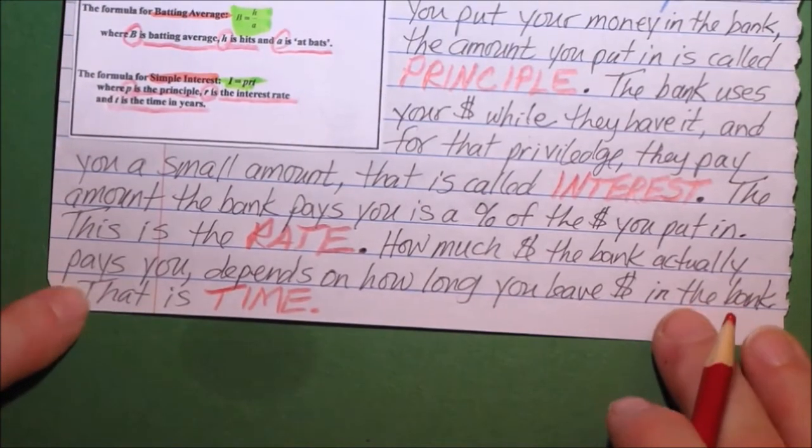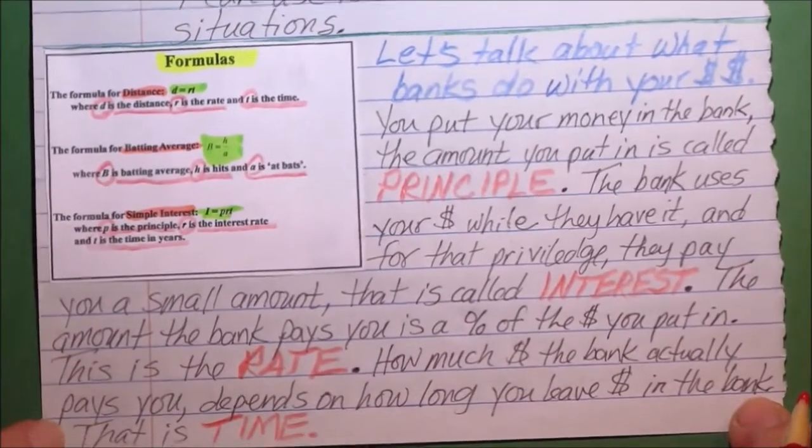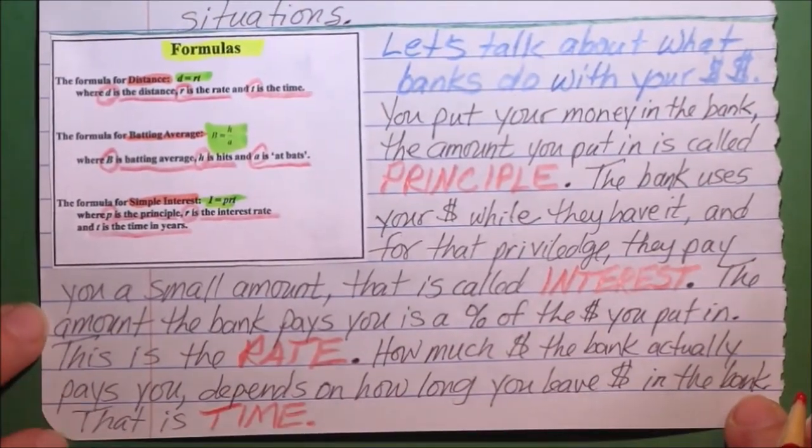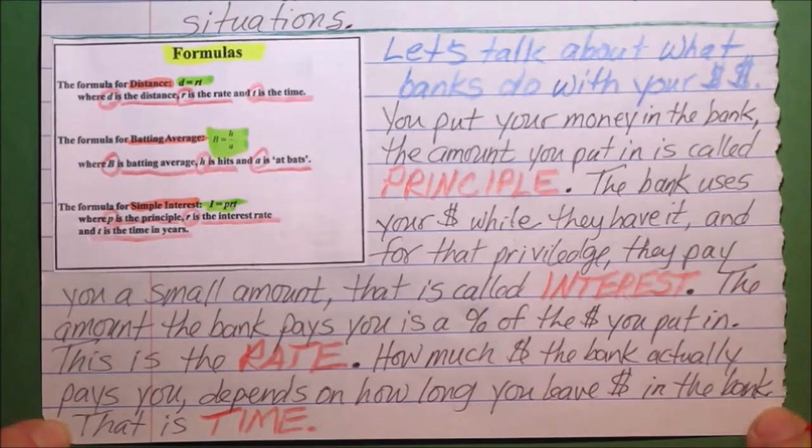All right, so let's read this one more time, get it all into frame. It's important to understand how this works in order for you to be able to understand how the formula works. So what do the banks do with your money? You put your money in the bank. The amount you put in is called principal. The bank uses your money while they have it, and for that privilege, they pay you a small amount.